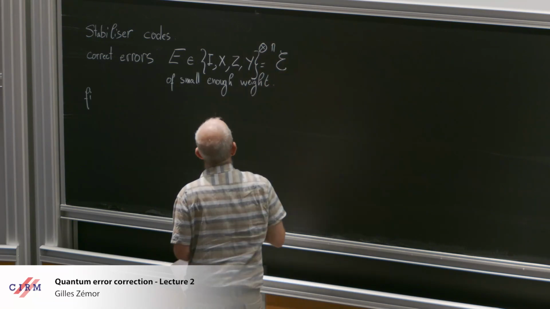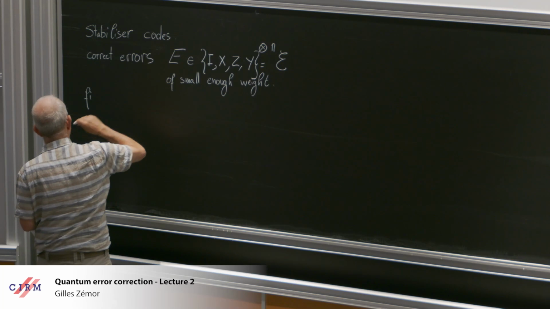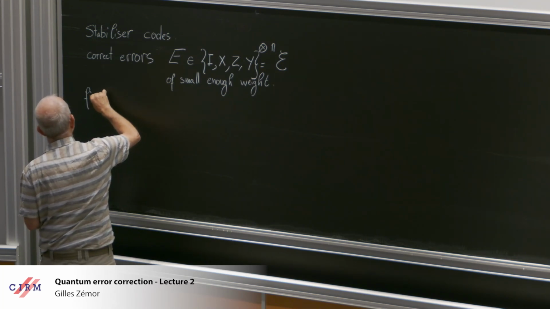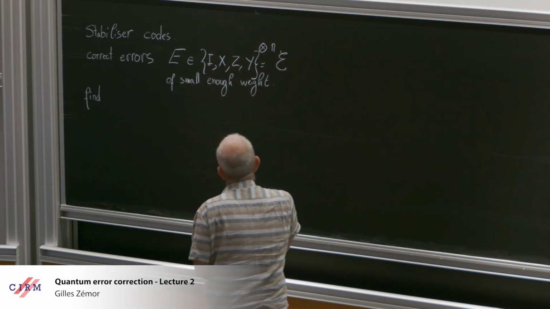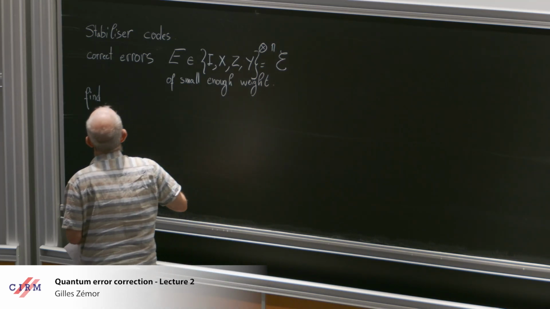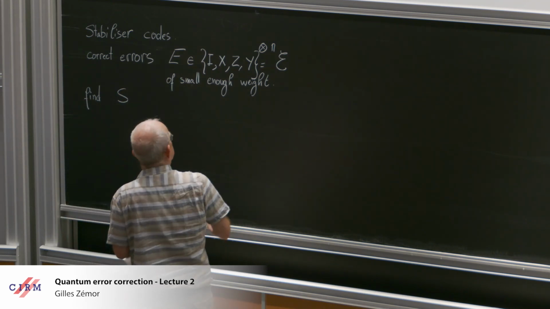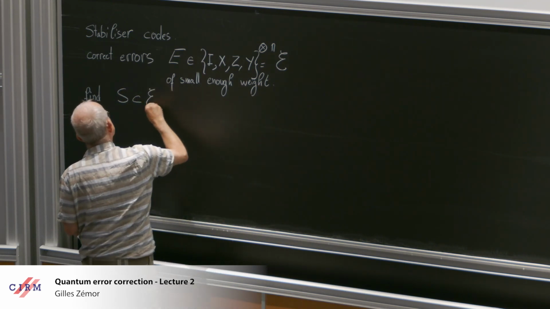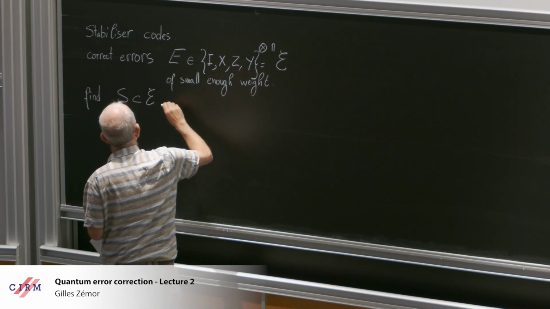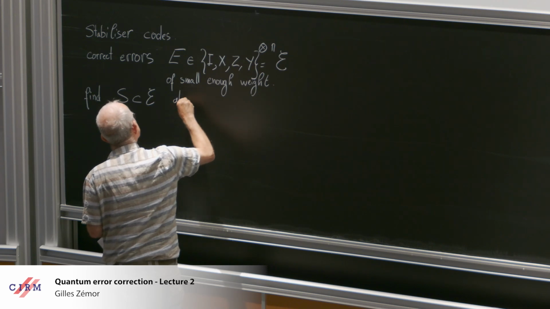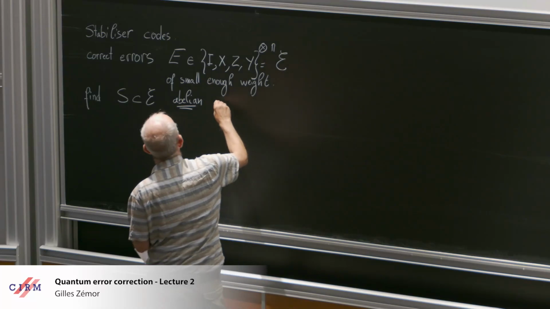Call this set of Pauli errors calligraphic E. So to construct a stabilizer code, what do we do? We find the subgroup S of E, so a subgroup of error operators, which is abelian, so an abelian subgroup.